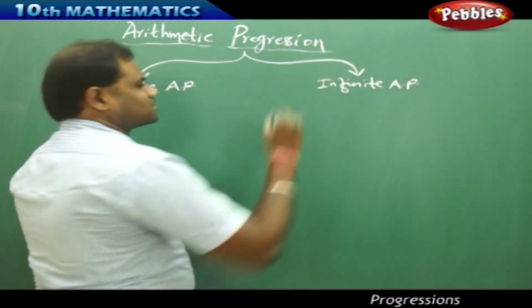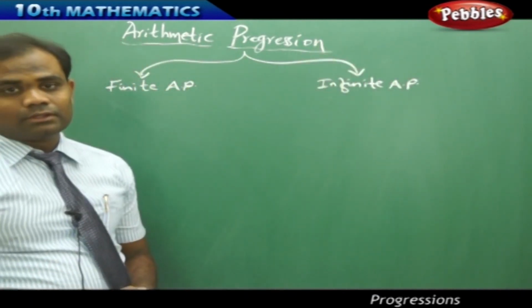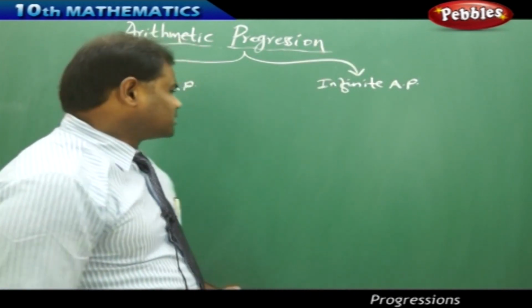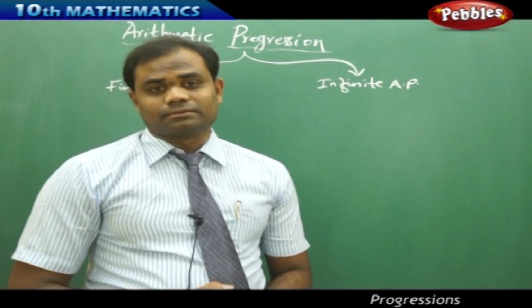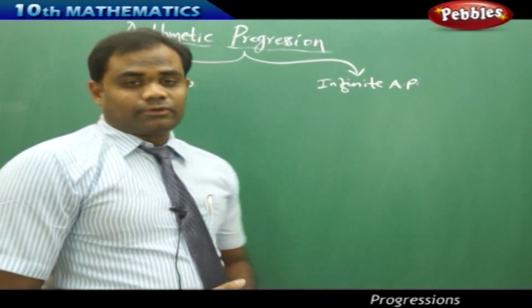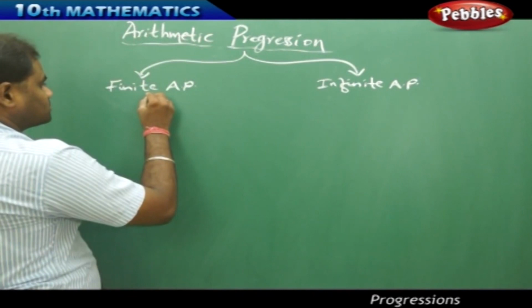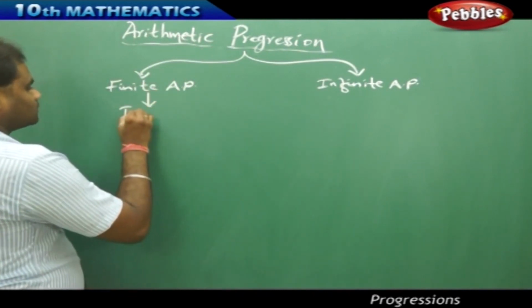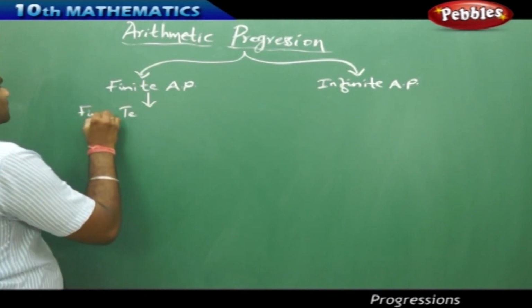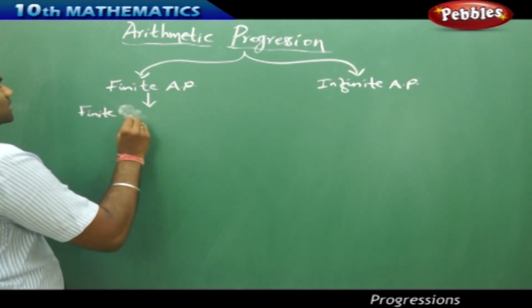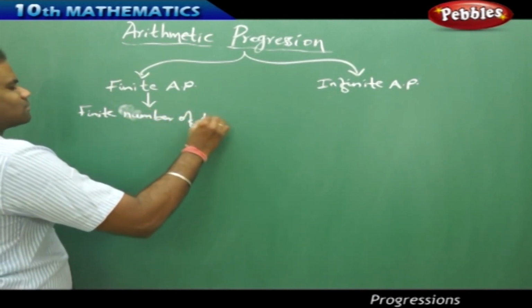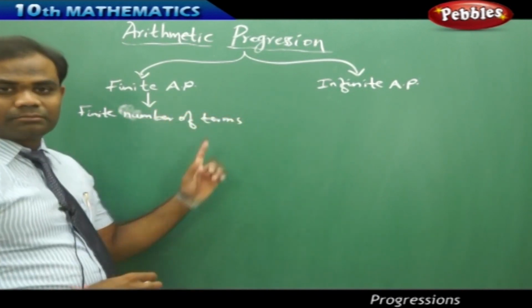What is an infinite arithmetic progression, or what is a finite arithmetic progression? For example, in case of a finite arithmetic progression, there are a finite number of terms. That means you can count them, they are countable.